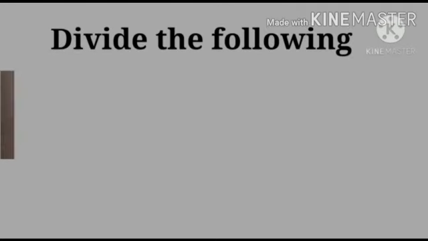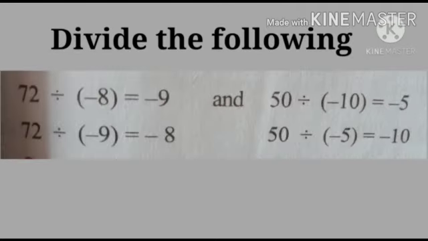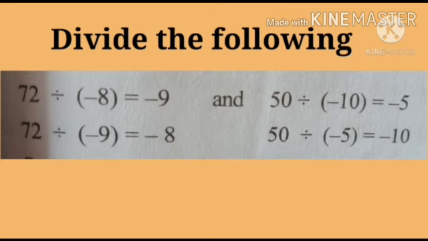Divide the following. 72 divided by minus 8 is equal to minus 9 and 72 divided by minus 9 is equal to minus 8 and 50 divided by minus 10 is equal to minus 5. 50 divided by minus 5 is equal to minus 10.